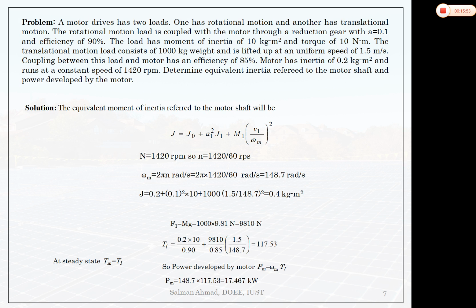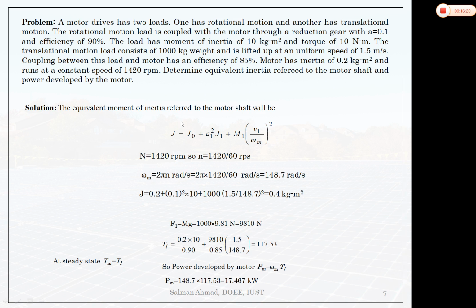The coupling between this load and the motor has an efficiency of 85%, that is for translational motion. The motor has inertia of 0.2 kilogram meter square and runs at a constant speed of 1420 rpm. We have to determine the inertia referred to the motor shaft, that is one equivalent inertia, and the power developed by the motor.